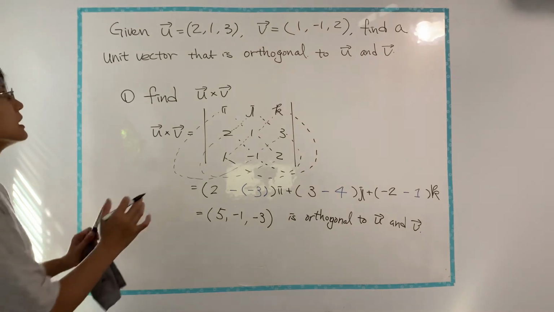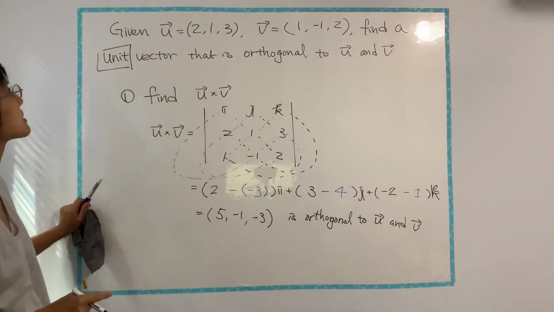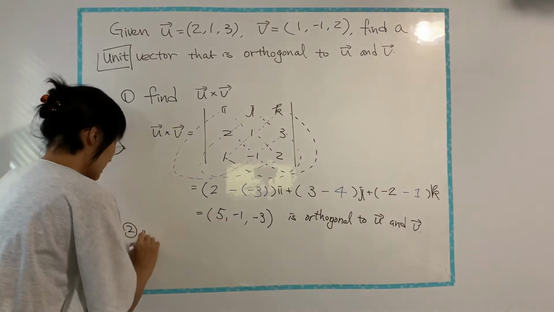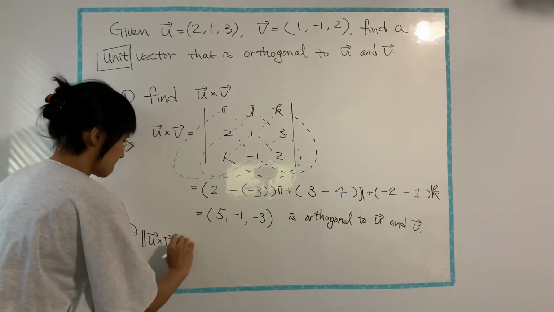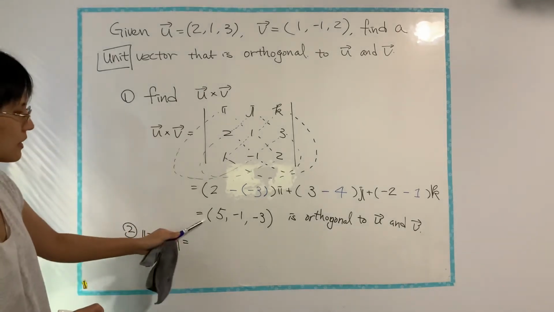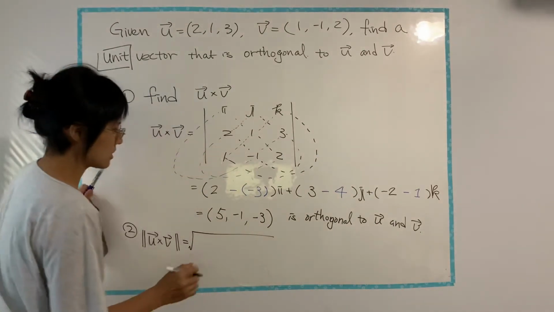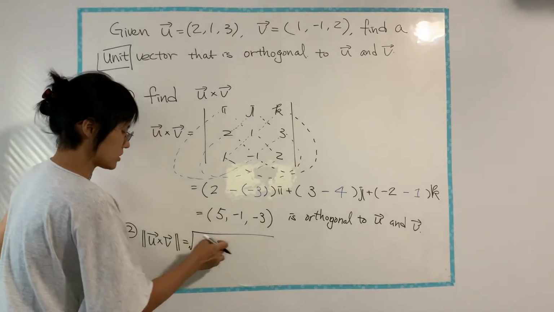But we're not done yet, because what this problem wants is a unit vector, so we have to adjust the length. Let's find the length of U cross V. Remember, the formula for the length of a vector is the square root of the sum of each component squared.